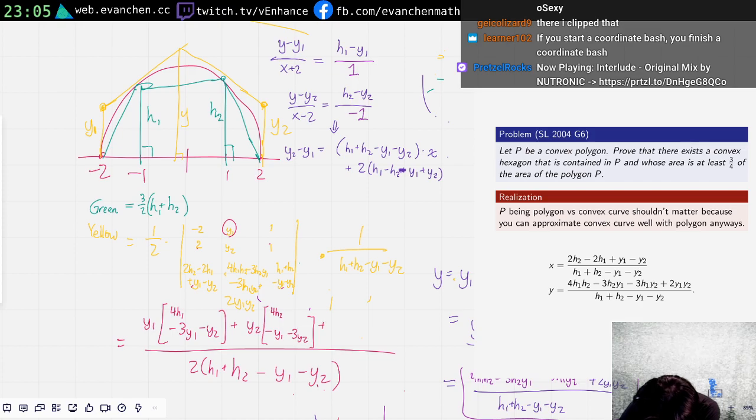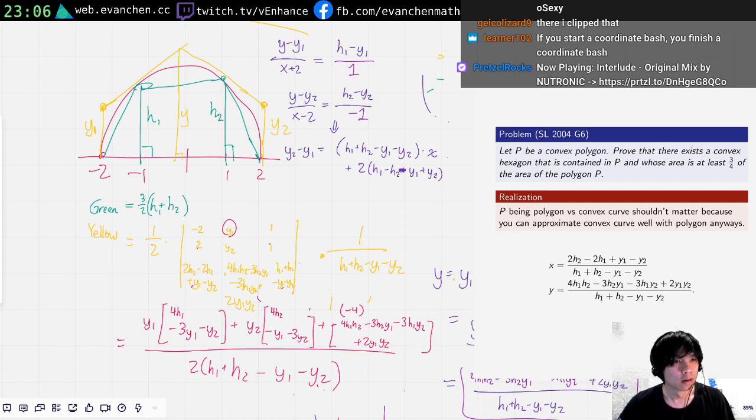Okay, and then the last determinant is minus 4 times that abomination: 4h1h2 minus 3h2y1 minus 3h1y2 plus 2y1y2. Oh, jeez.